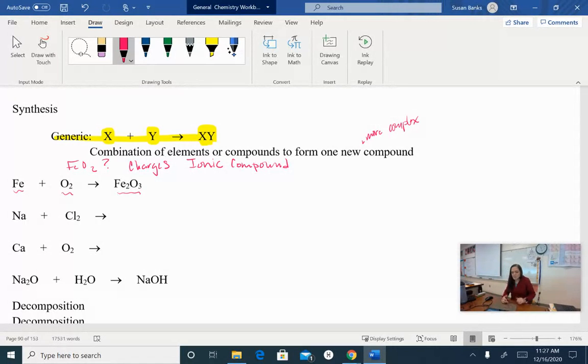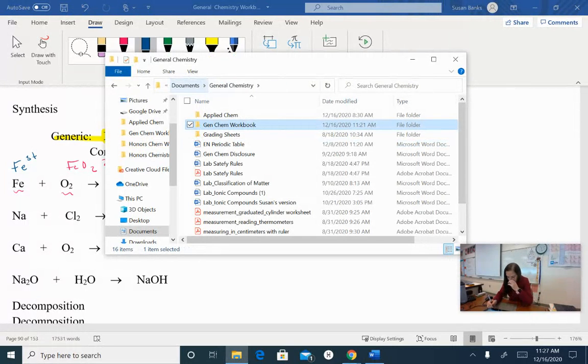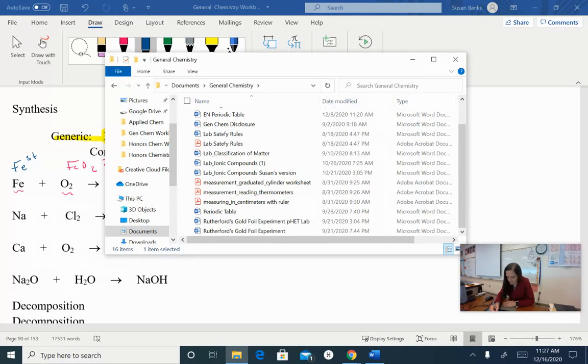So this is what we were doing with this. When iron acquires a charge, it usually acquires a +3 charge. Not always, but it's usually a +3 charge. And oxygen, let's see, I should probably get my periodic table out so that you guys can see. There we go.